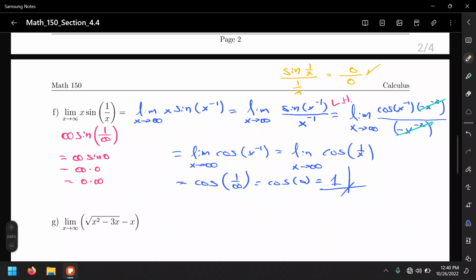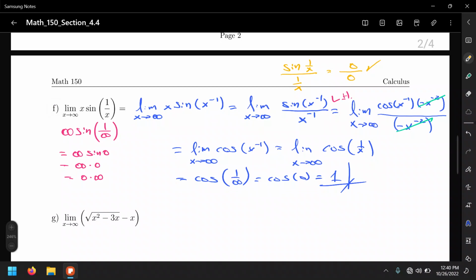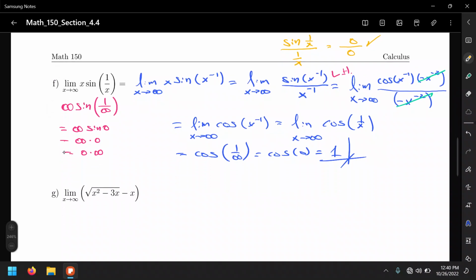How come? Well, it turns out that 0 times infinity is the same as 0 divided by 1 over infinity. It's like multiplying by the reciprocal backwards. But 1 over infinity in the denominator is 0.